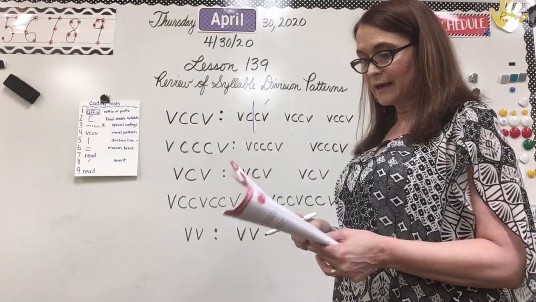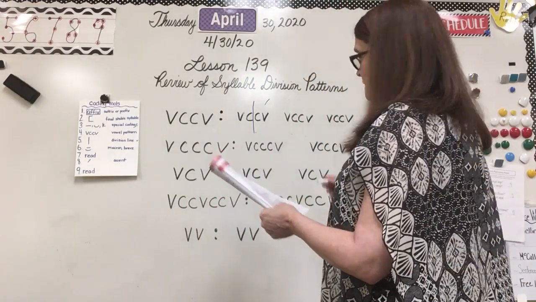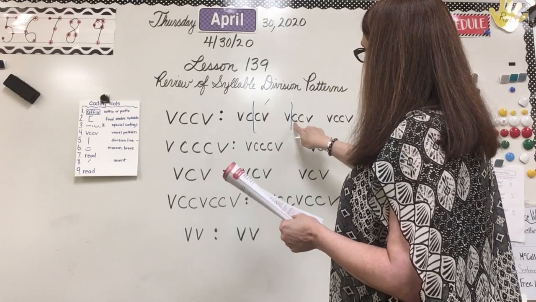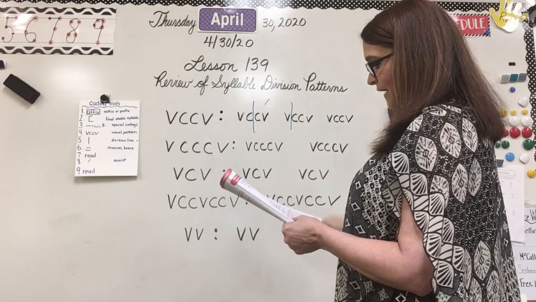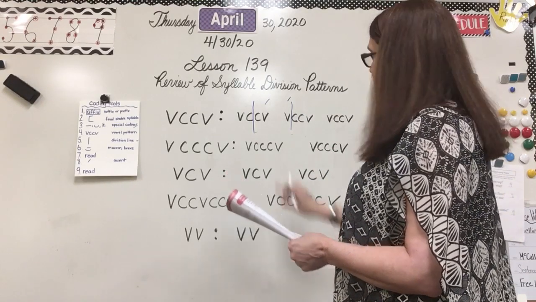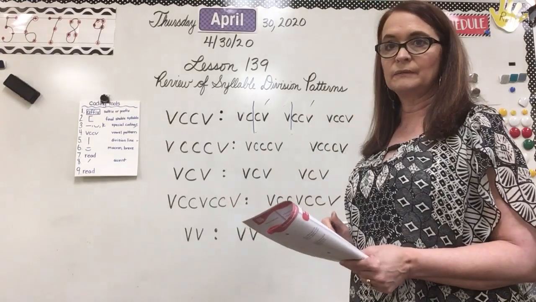Those are two ways. Another way we may see a word divided is right after that first vowel, and then you have a consonant, consonant, and a vowel. You could have the accent here on the first syllable, or on the second syllable.